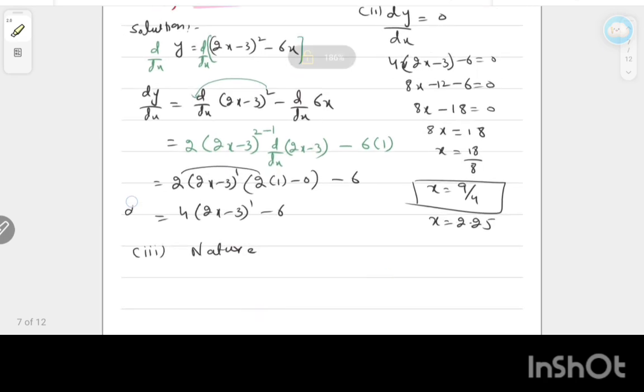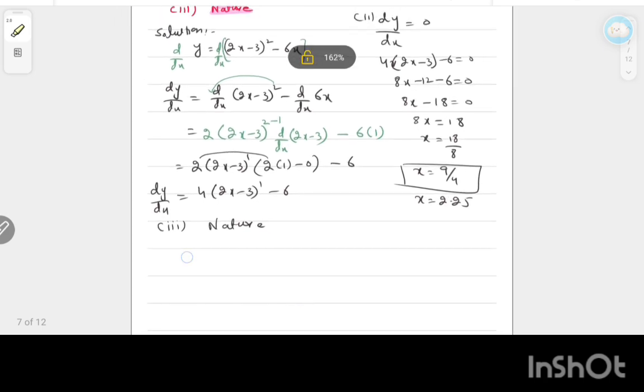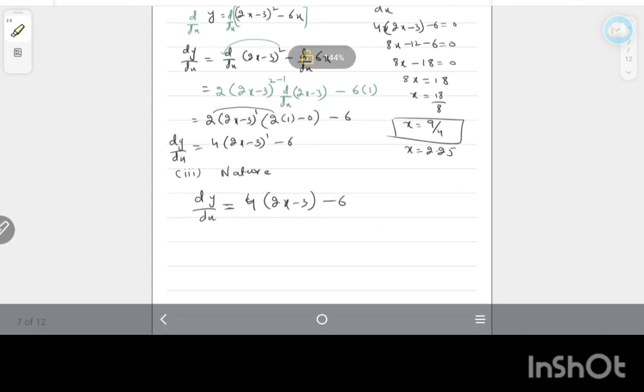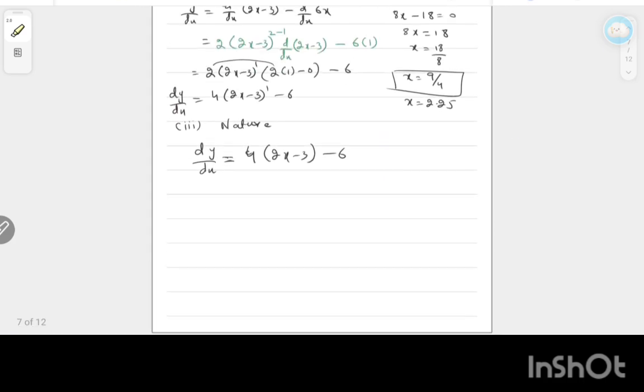This is your first derivative, dy over dx equal to 4 into (2x minus 3) minus 6. We have to take the derivative once more time, d over dx on both sides.